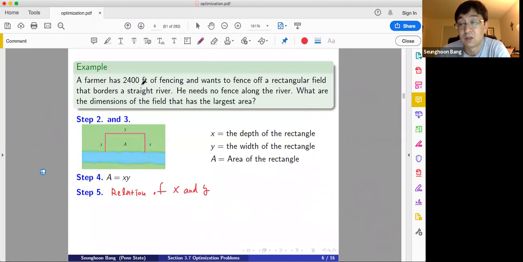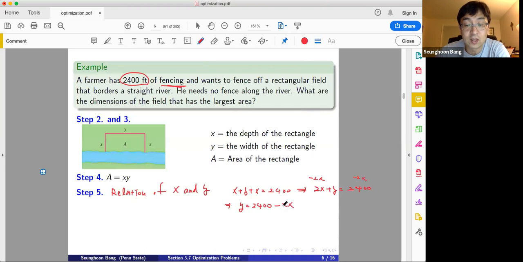We have one given number, 2,400 feet of fencing. So exactly, X plus Y plus X is 2,400. This is 2x plus y equals 2,400. You can subtract 2x from both sides: Y equals 2,400 minus 2x.